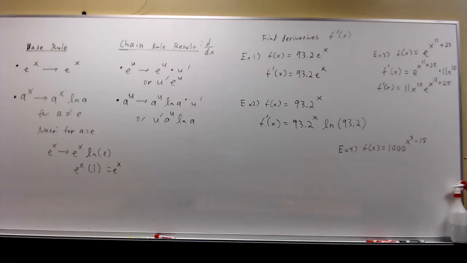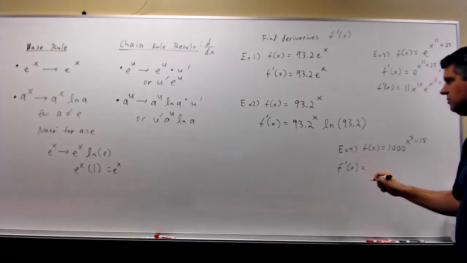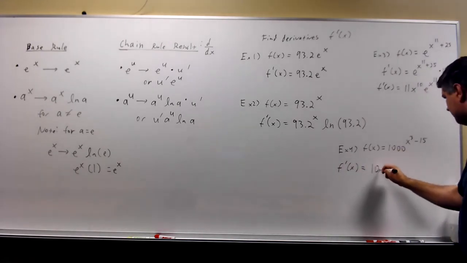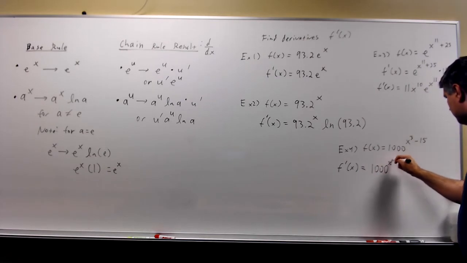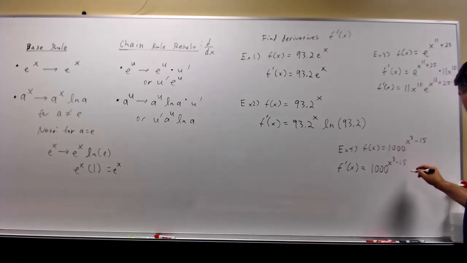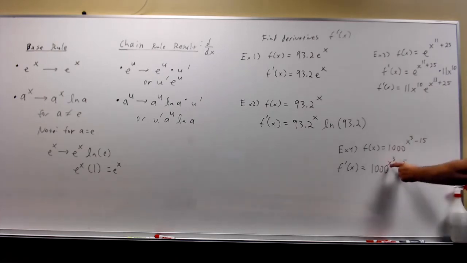Well, that's going to be f prime of x equals the original exponential expression, and then the natural log of your base, so natural log of 1,000, times the derivative of the exponent.